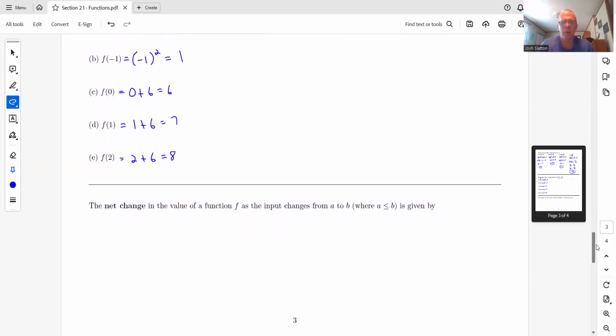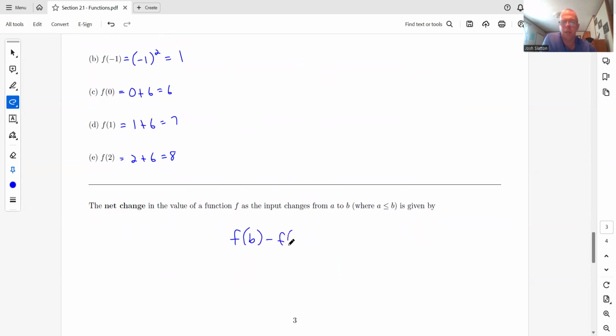All right, so net change. The net change in the value of a function as the input changes from A to B is given by the formula f of B minus f of A. If you have a graph, we'll just draw some curve here, and let's say that A is right there and B is right there.